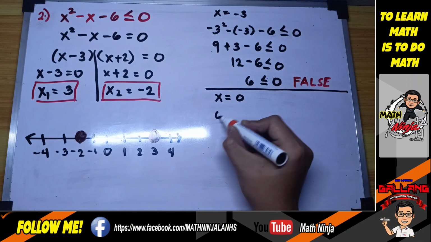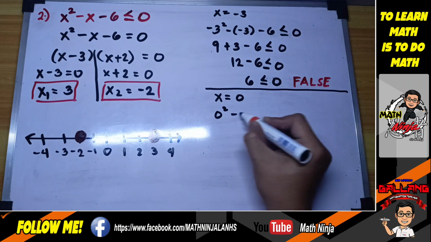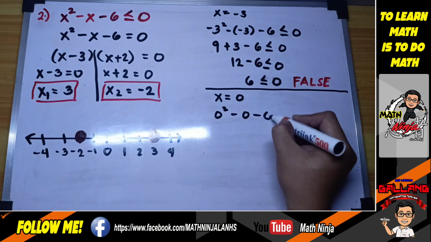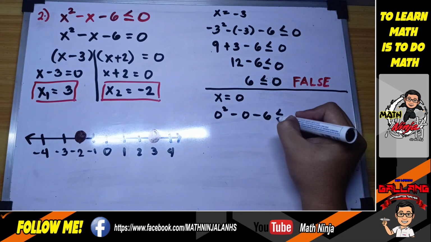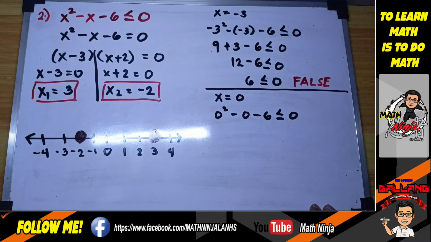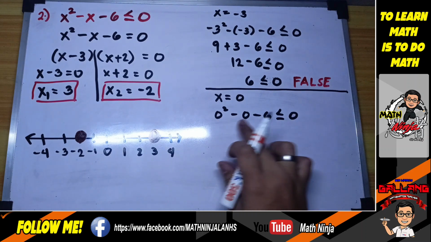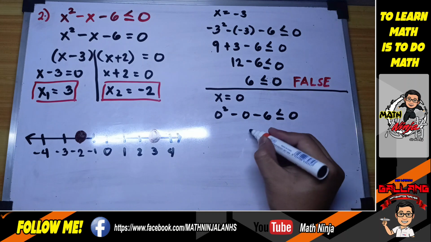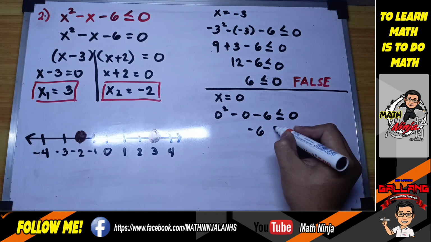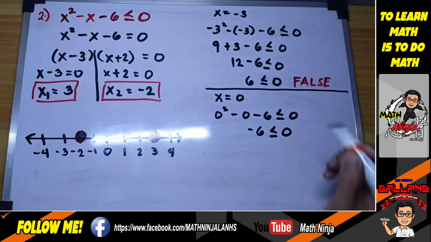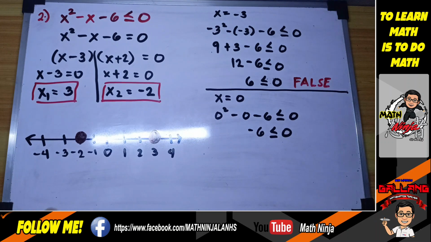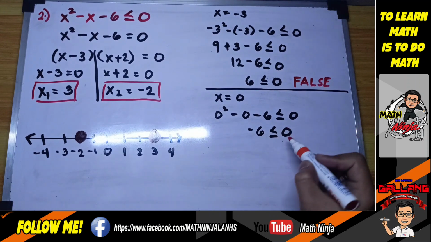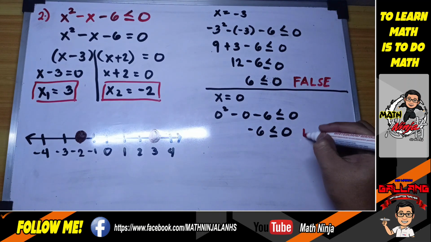So we have 0 squared minus 0 minus 6 is less than or equal to 0. So 0 squared is 0 minus 0 is 0. Ang natira na lang is negative 6 is less than or equal to 0. So as you can see, negative 6 is truly less than or equal to 0. Mas mababa yung negative 6 kaysa sa 0. So our answer here is true.